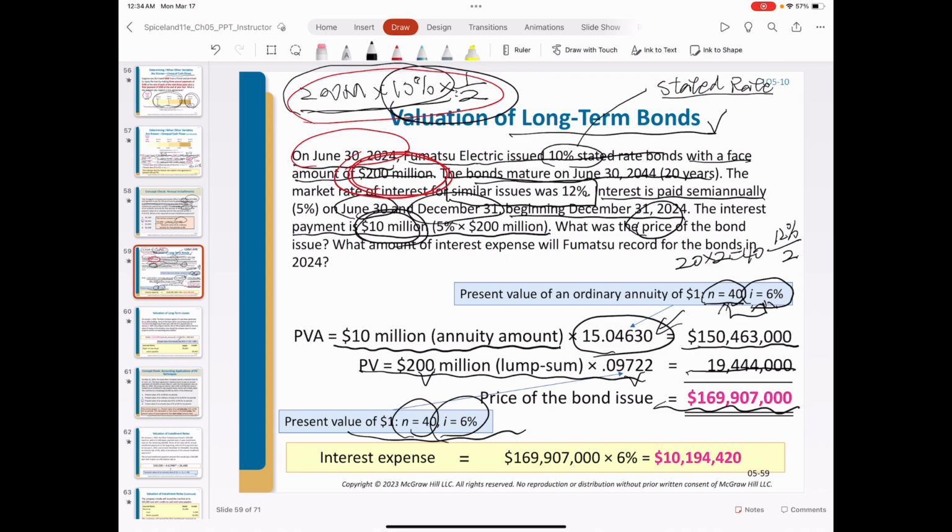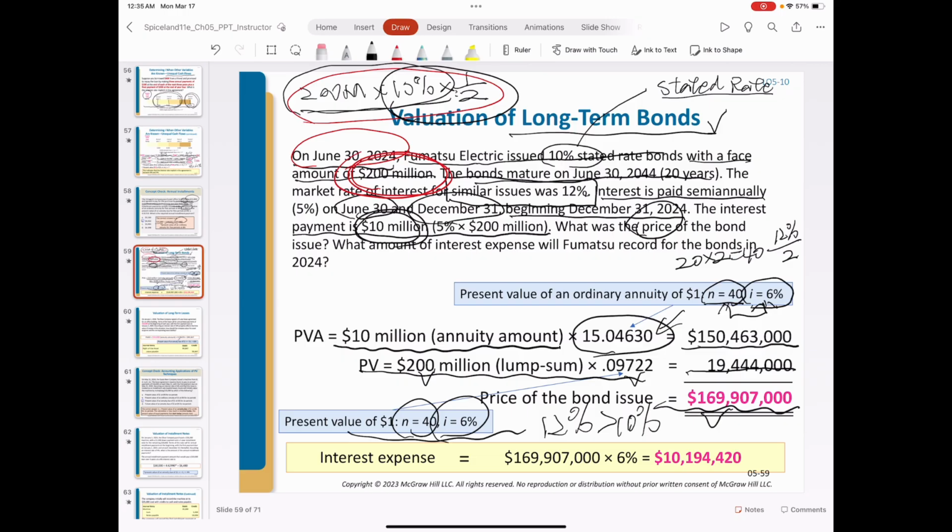You may ask why the company issued this bond at a lower price, which represents the amount of cash the company can raise from issuing this debt. The reason is the market rate of 12% is greater than the rate this bond offers.